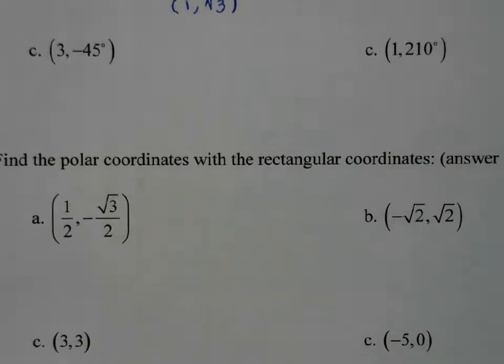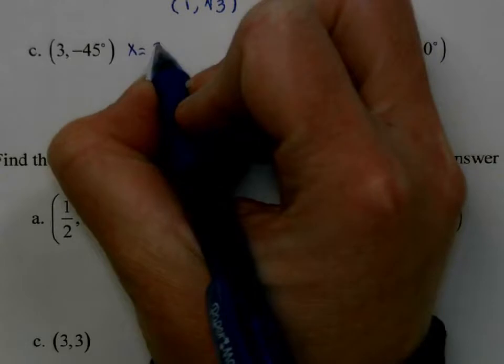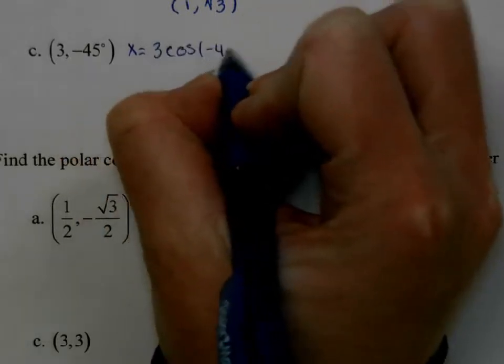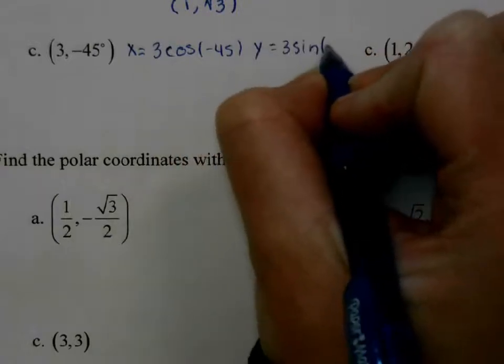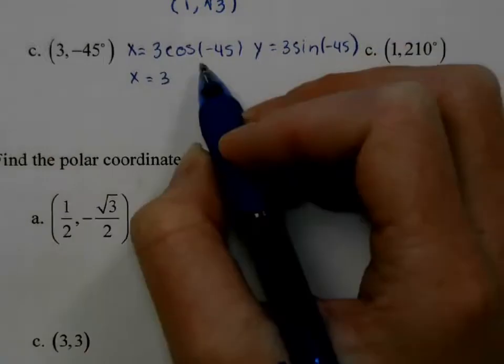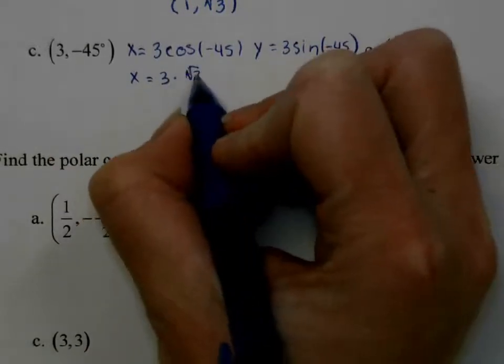Negative 45 degrees. That's going to be the same as 315 on the unit circle. So x will be 3 cosine negative 45. Y will be 3 sine negative 45. At 315, our x value is positive root 2 over 2.